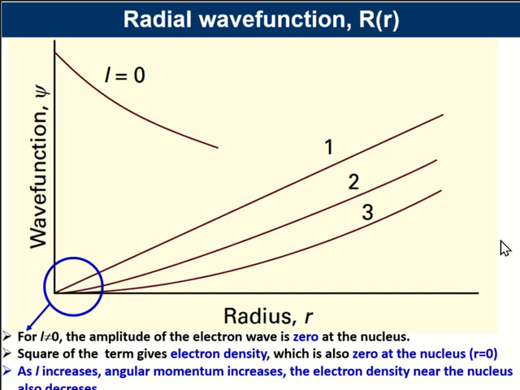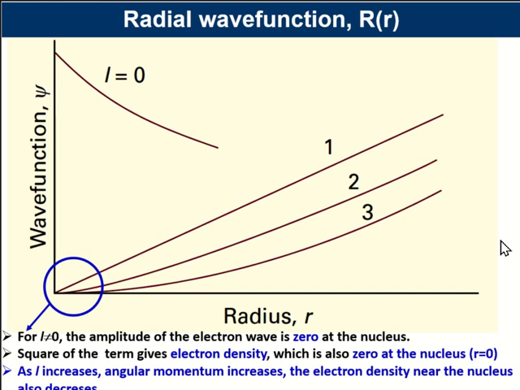For all others, it has 0 at the nucleus. Near the nucleus, electron density starts rising. It becomes non-zero. But the rise is slower as the L value increases. 1, 2, 3. The rise is slower. Electron density जो बढ़ेगा वो धीरे धीरे rise होगा.